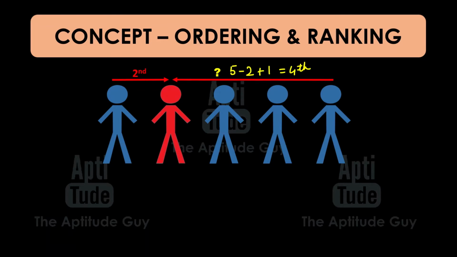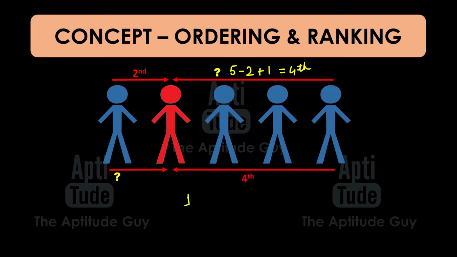Now I told you there are 3 types of mini questions that they can ask you over here. This was one type. Another type is the exact opposite of this, that goes like this. This guy's rank from the other side is given. From this side the rank is 4th. So what is his rank from this side? Now again, if you use that wrong common sense of yours, if you do 5 minus 4, you will just get 1.